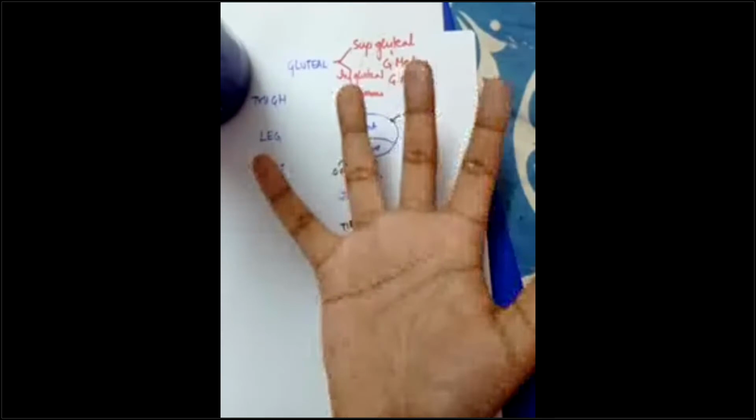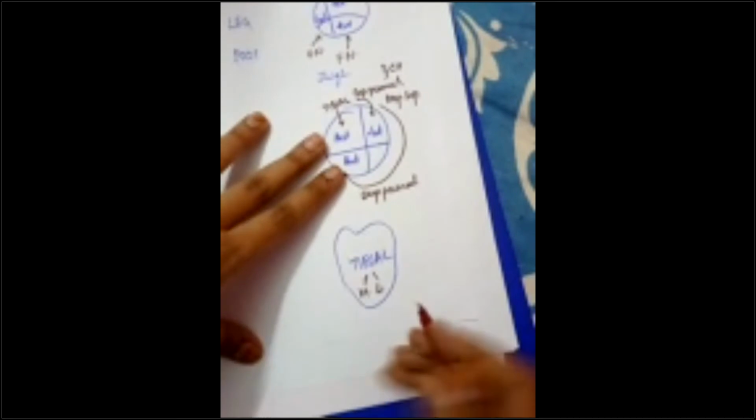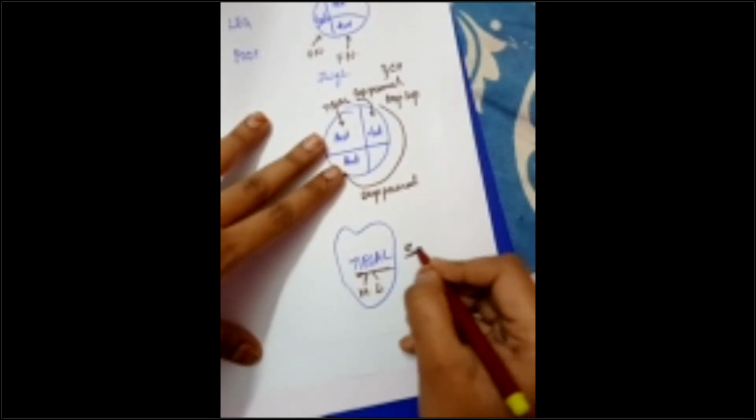Is it clear now? So the whole sole is tibial nerve. Is it clear now? This is all the motor supply. Yes, it's clear, Nusrat.